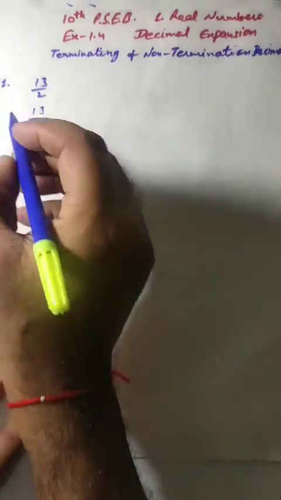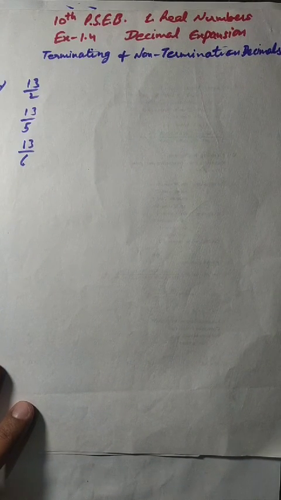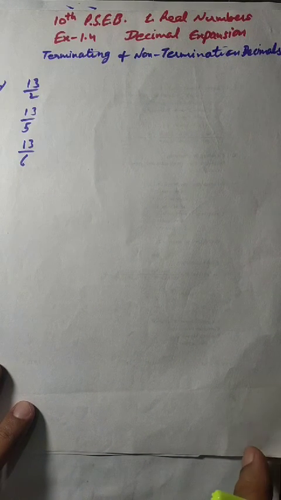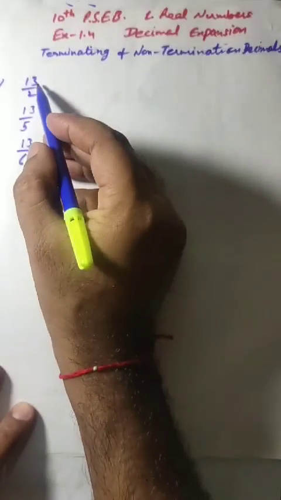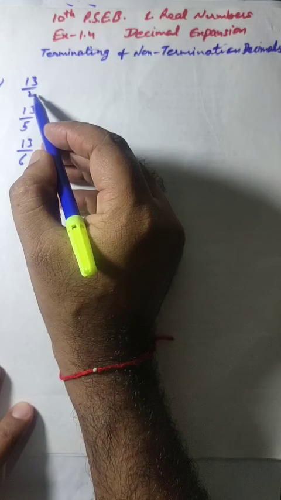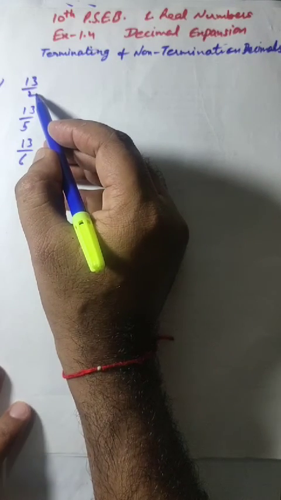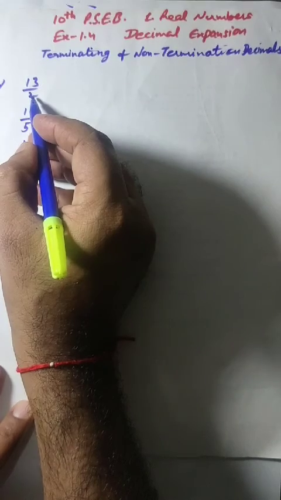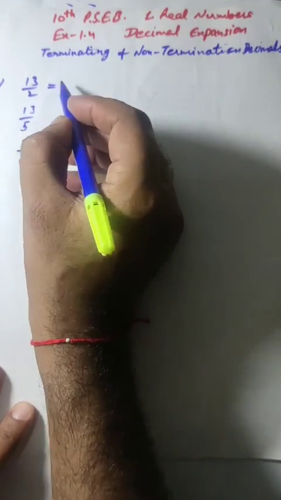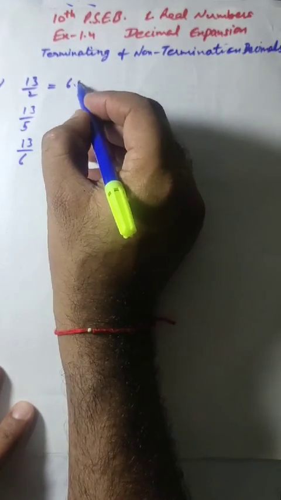Question number 1. We have taken here 13 by 2, 13 by 5 and 13 by 6. First of all, we are taking those numbers in which the numerator is a prime number and the denominator is also a prime number, but the first prime number in the denominator is 2. Let us divide this. We'll get 6.5.